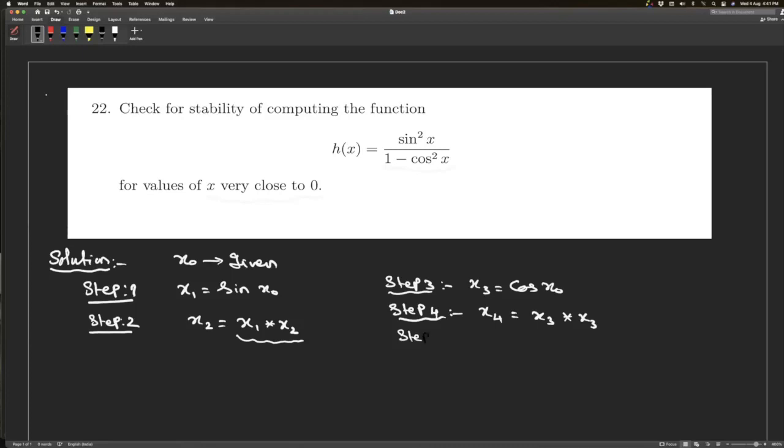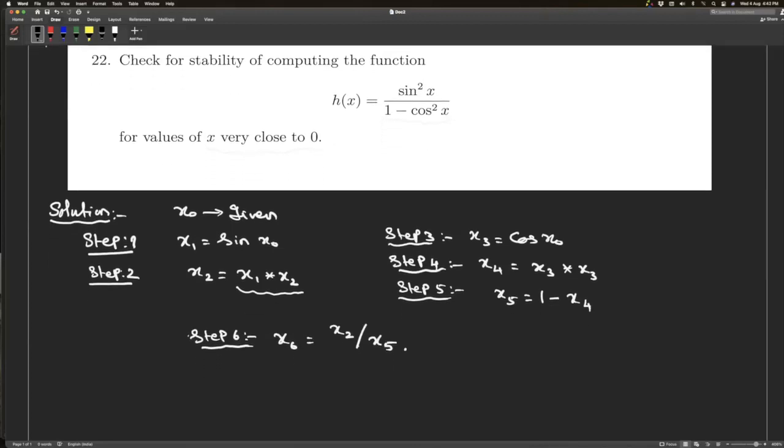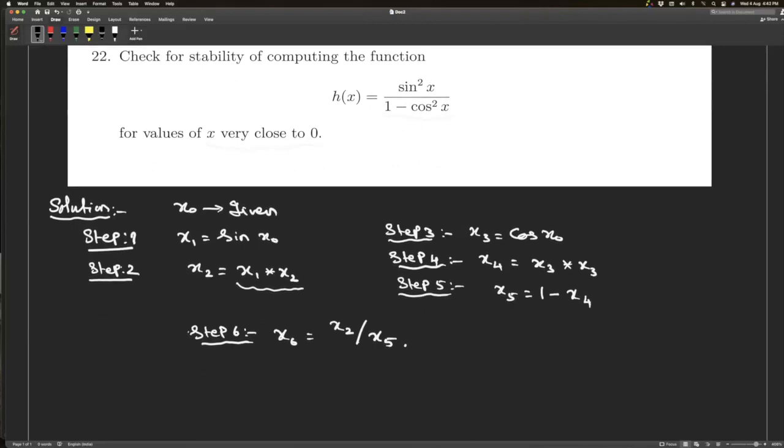Then step 5 is x5 is equal to, once x4 is known, the computer will find 1 minus x4. So we got x2, which is the numerator, and x5, which is the denominator. Therefore, the final step, that is step 6, will be x2 divided by x5. So this is probably the step-by-step evaluation of the function when we split the function evaluation into individual operations.